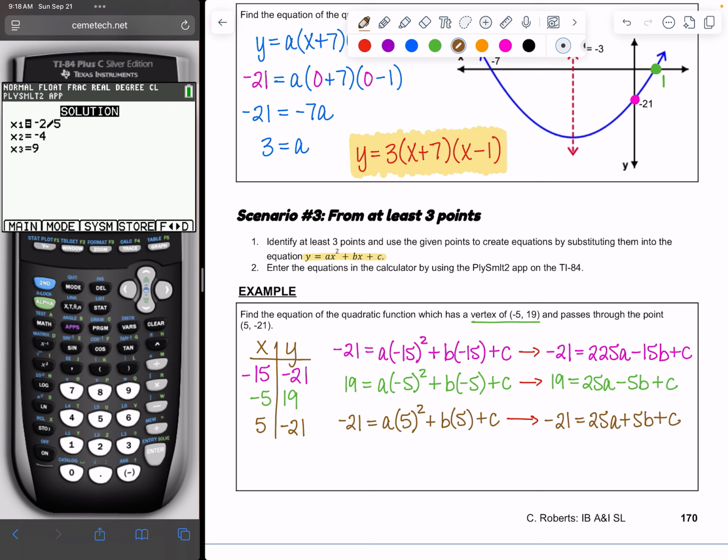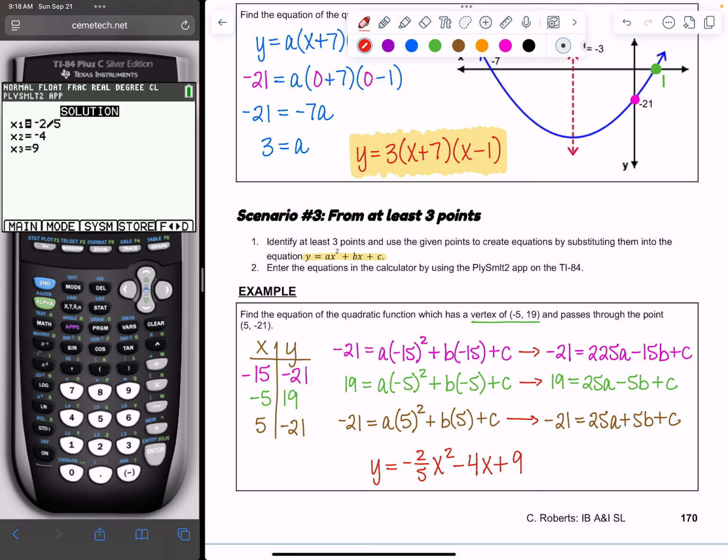And as you can see here, it tells me that the first value, x1, represents A, x2 represents B, and x3 represents C. So I can write out my equation as y is equal to negative 2/5 x squared minus 4x plus 9.